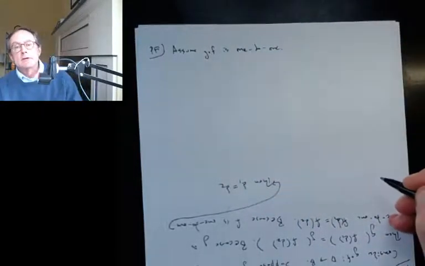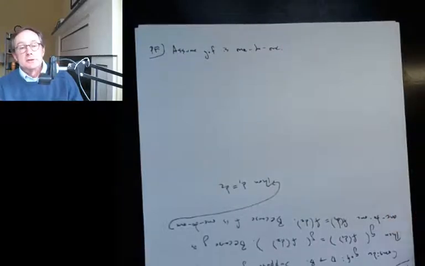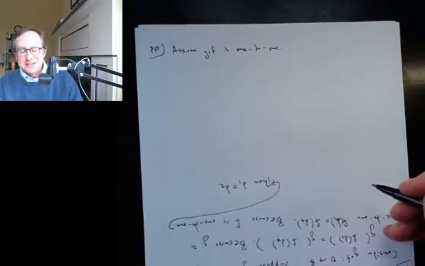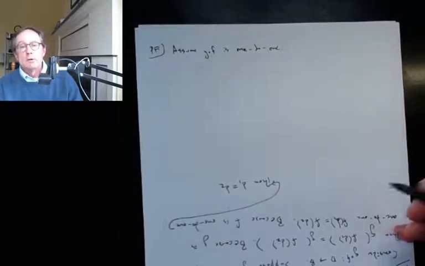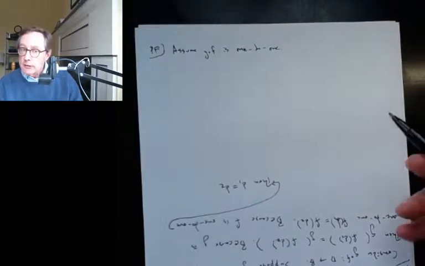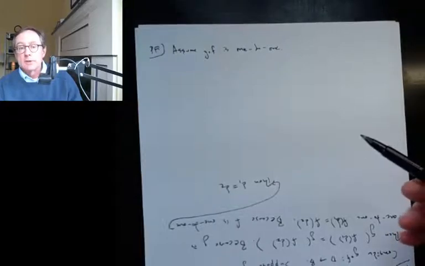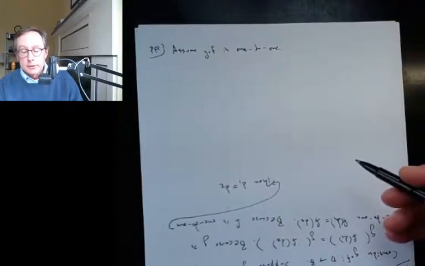Assume G circle F is one-to-one. I want to show that F is one-to-one, and a typical way to show that something is one-to-one is by contradiction. It's not the only way you can do it, but I happen to choose to do it by contradiction.